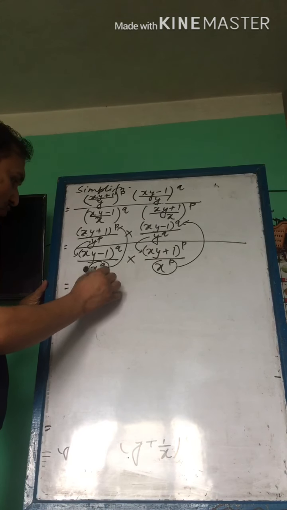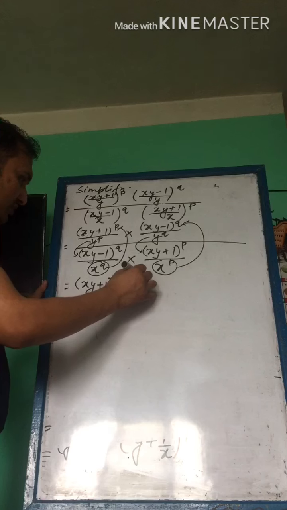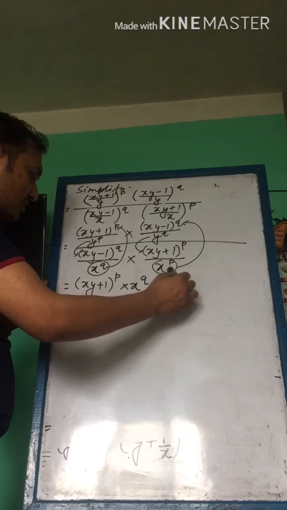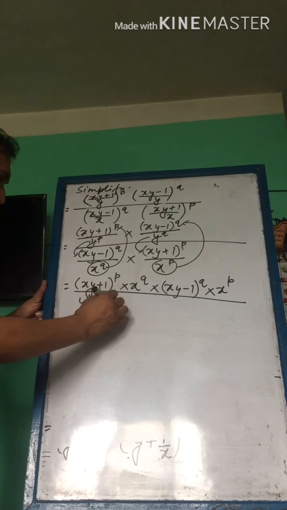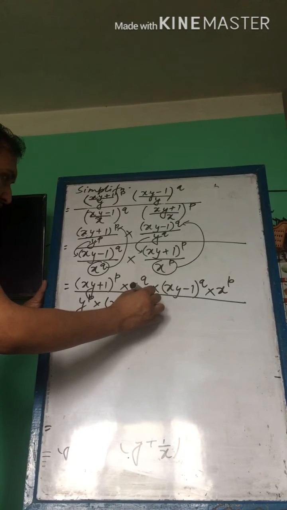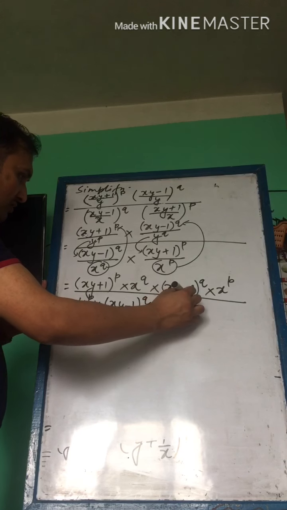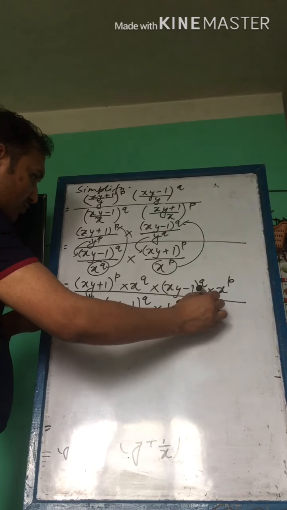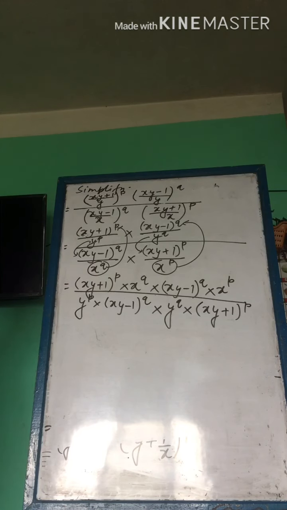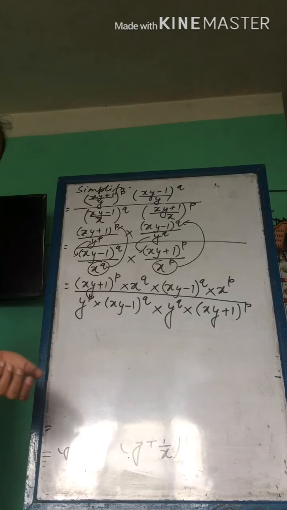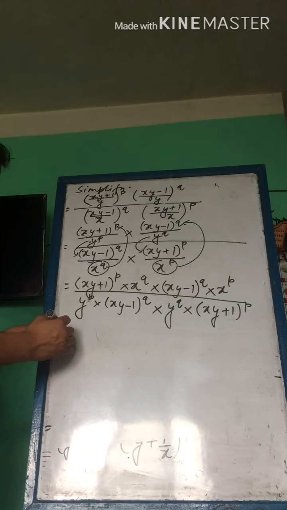Xy plus 1 whole to the power p into x to the power q into xy minus 1 whole to the power q into x to the power p, whole upon y to the power p into xy minus 1 to the power q into y to the power q into xy plus 1 to the power p. One step I have jumped here. I think you don't have any problem in this.